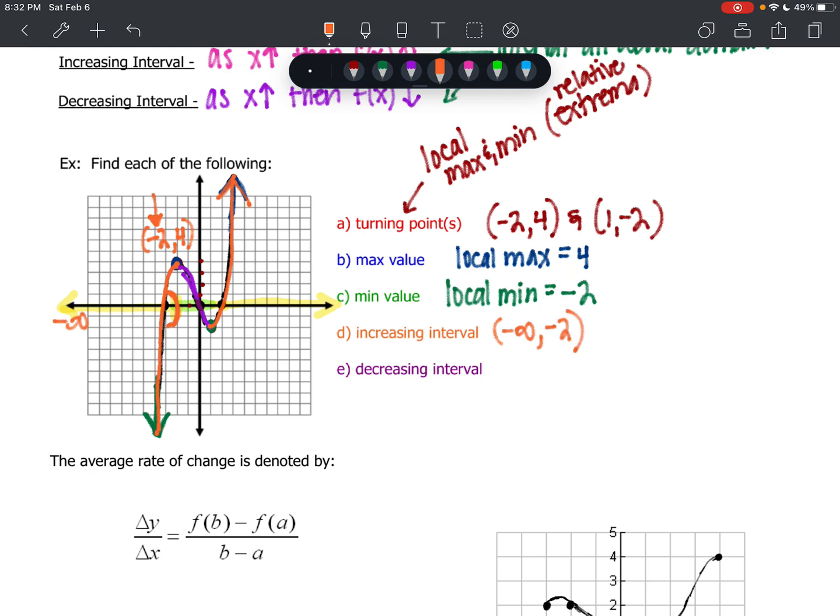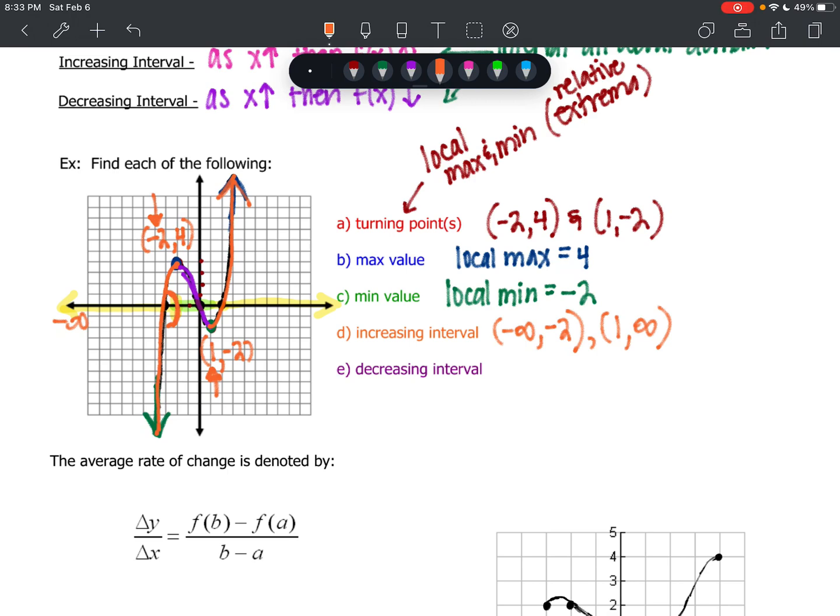Now it's going to be an open interval, always, always, always an open interval for your increasing and decreasing intervals. But it's also increasing. This other turning point was 1, negative 2. So at x equals 1 to positive infinity, that graph is going to be increasing.